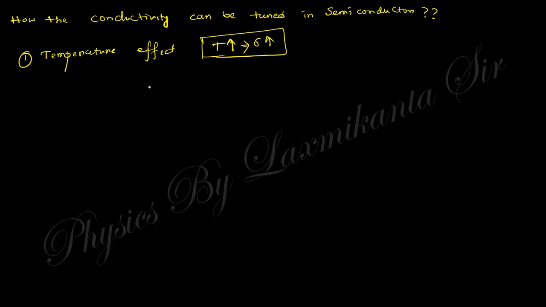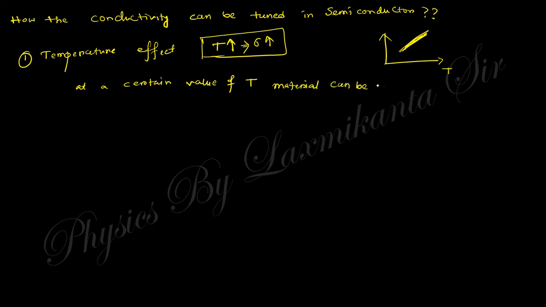But temperature increase is not a cost effective method, and the material can be burned out up to a certain value. You can see as temperature increases, the conductivity will increase, but at a certain value of T, the material can be burned out.